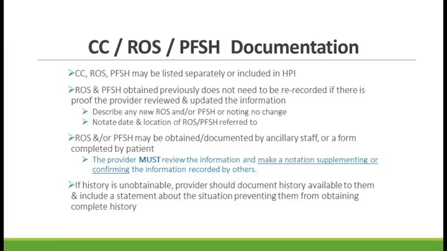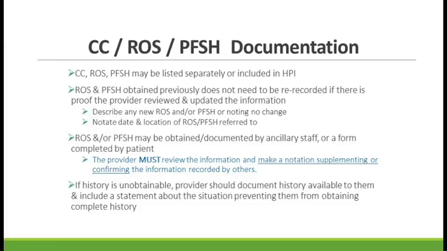For instance, documentation might state past medical family social histories and ROS were reviewed from the July 15th visit and remain unchanged. CMS states that ancillary staff may obtain and document the ROS and PFSH, but the provider must review information recorded by others and supplement or confirm what they recorded.